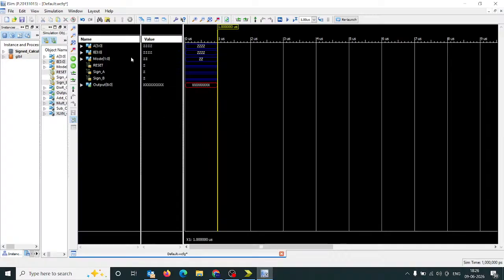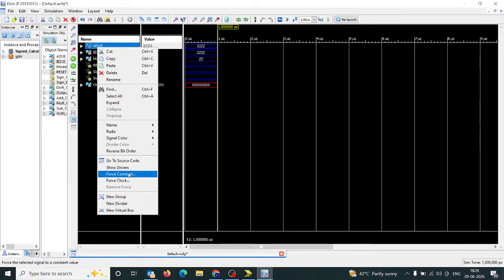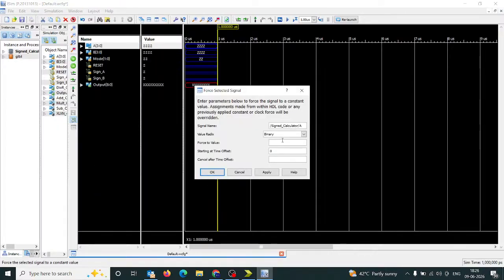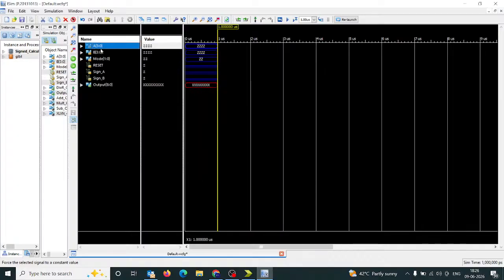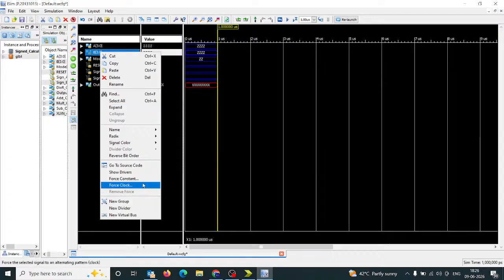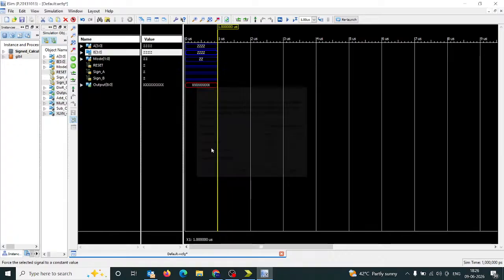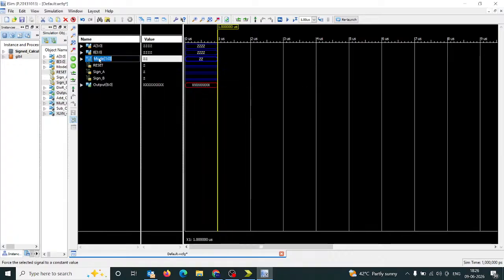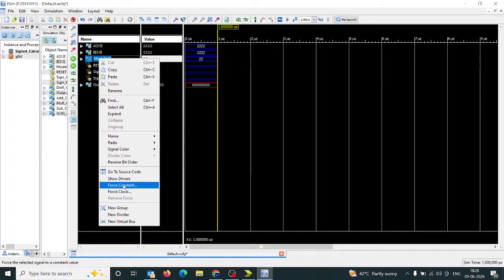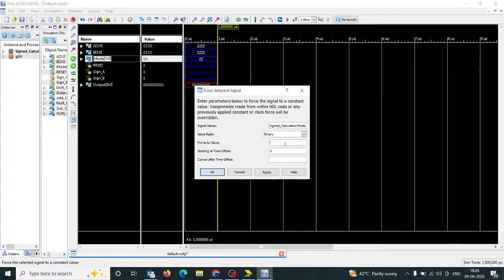So these inputs are in bits. A is 4 bits, B is 4 bits. Let's give A 9. Force constant A 9 means 1001, and let's give B 10, 1010. And let's multiply, so mode 10 is used for multiplication.